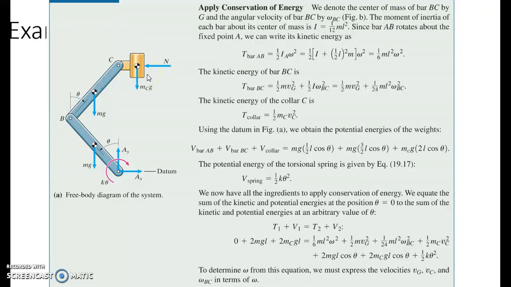I also can figure out what the terms are when the system is at an angle 0, and then I'm going to apply my conservation of energy. So at an angle 0, my potential energy for the two bars would be 2 mgL, and for the collar would be 2 m_c gL, or m_c g times 2L.